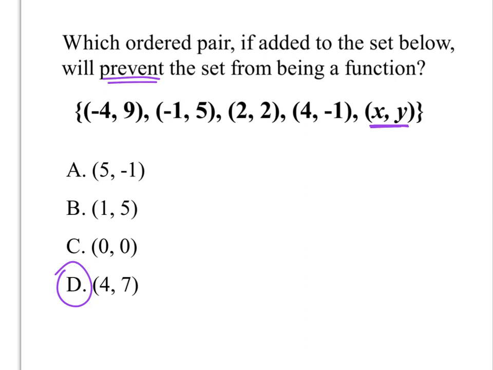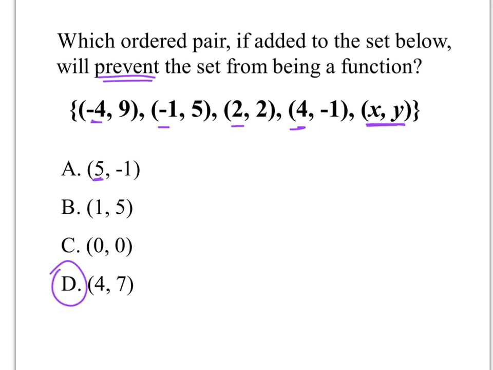So if I look at A, just go through your choices. A has an x value of 5. I don't see any x values of 5. So if I put 5, -1 in here, that would still be a function. I wouldn't have an x value that repeats. B, 1, positive 5.